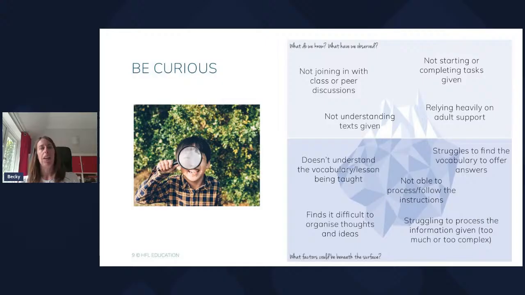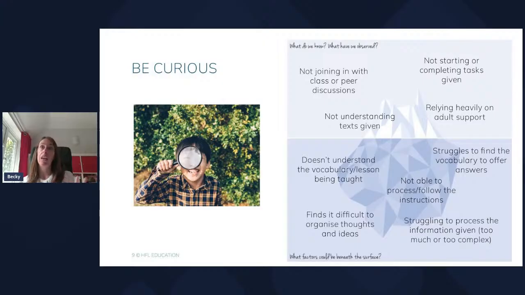Another useful tool that we like to use within our training and support within schools is to empower teachers to be curious, support teachers to be curious about their learners.